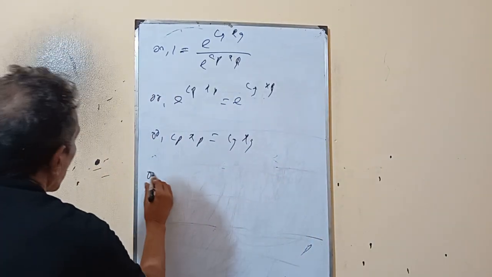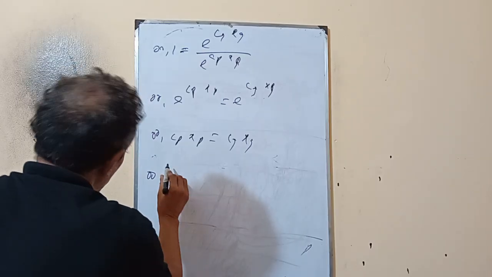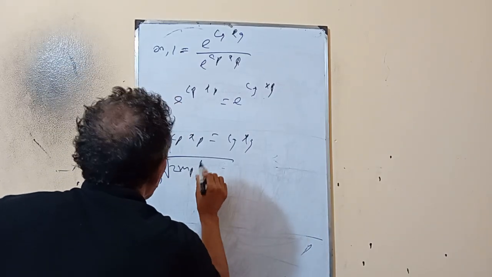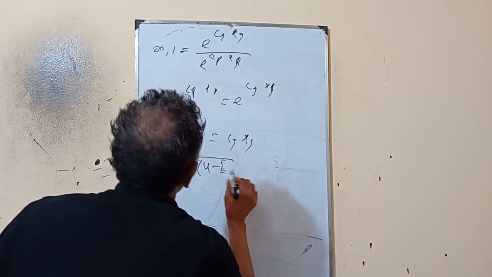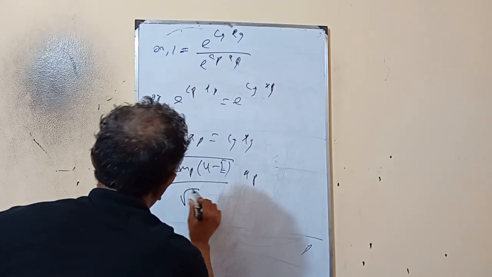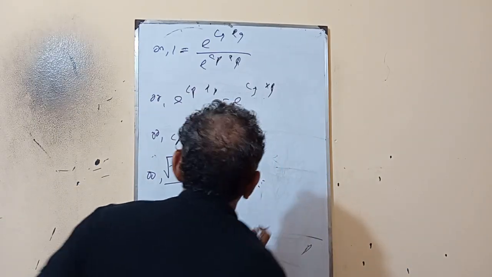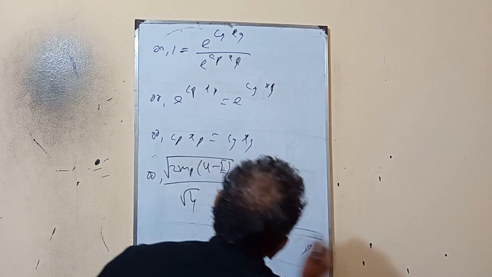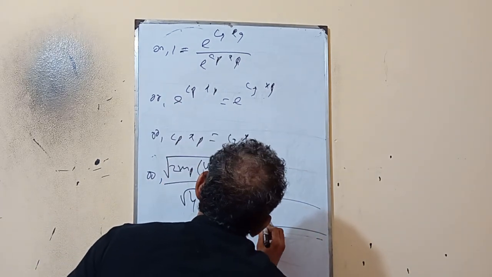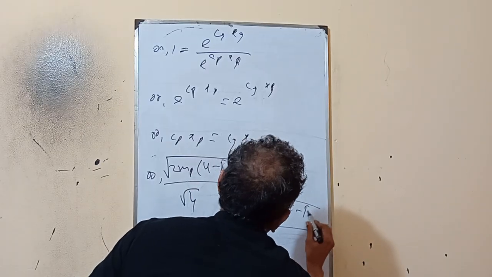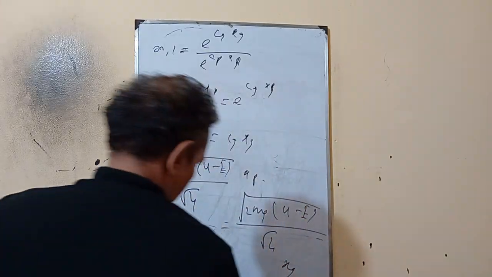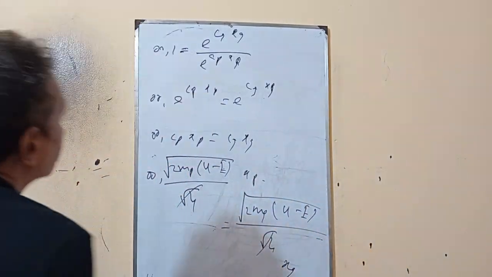Then CP is equal to what? CP is equal to plus MP, U minus E, and XP plus H. Then suppose C is equal to what? 2MZ, U minus E, H XZ, which is the reduced Planck constant.